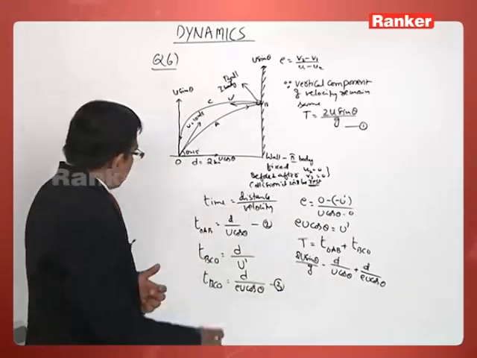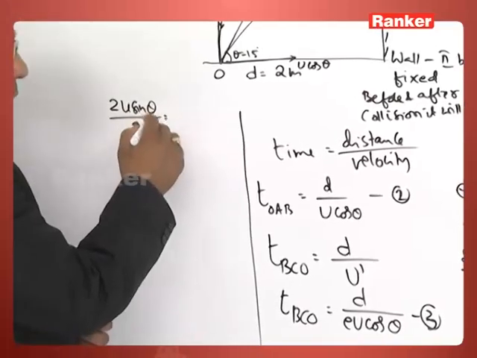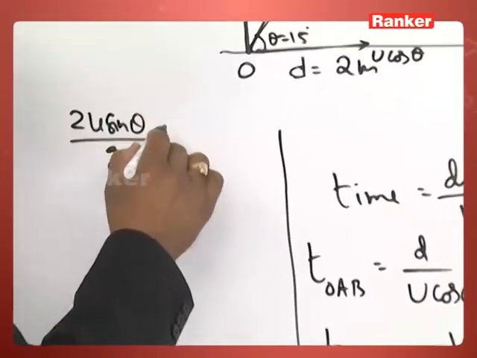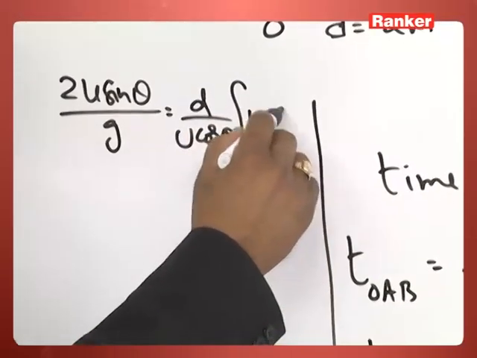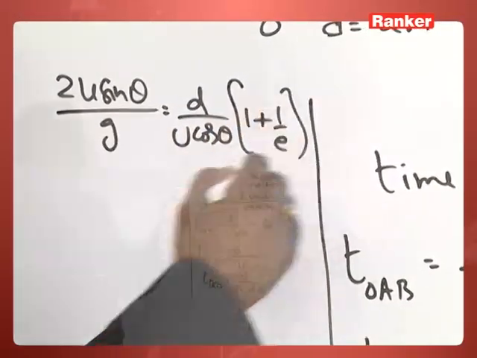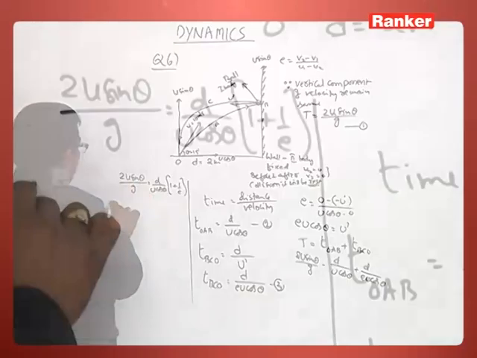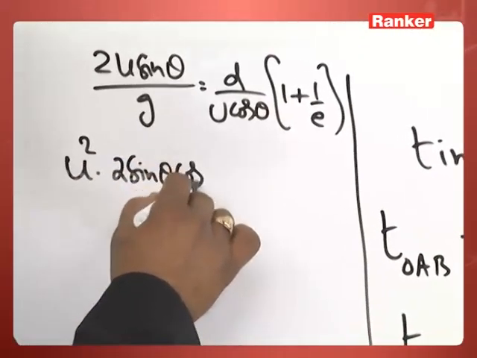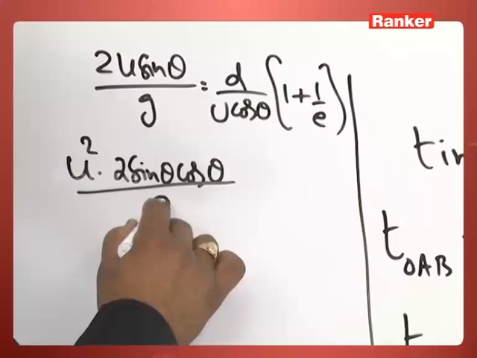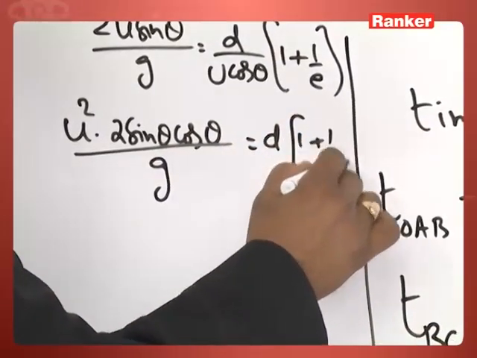So let us simplify this. 2u sin theta by g is equal to, if I take d by u cos theta common, 1 plus 1 by e. Further you simplify: u squared times 2 sin theta cos theta by g is equal to d into (1 plus 1 by e).